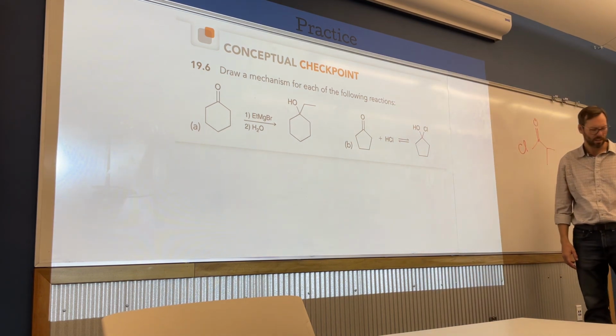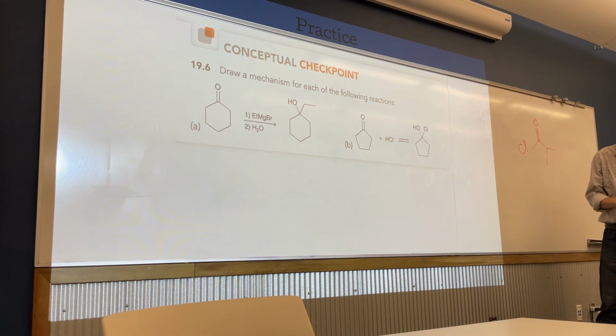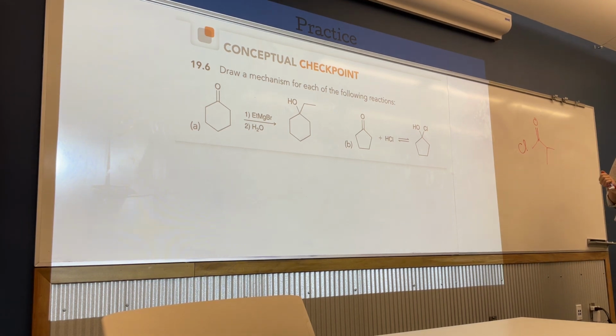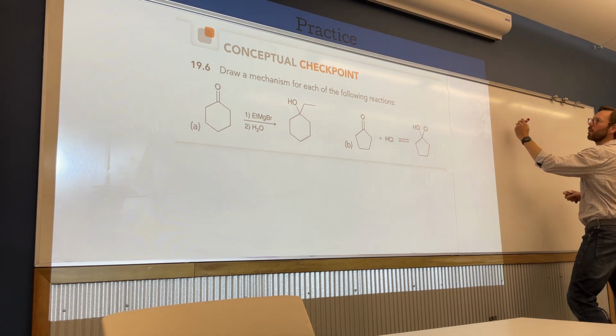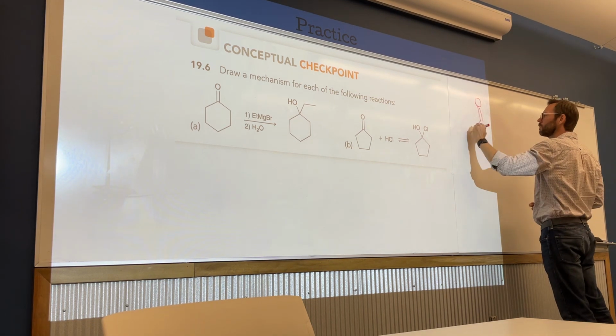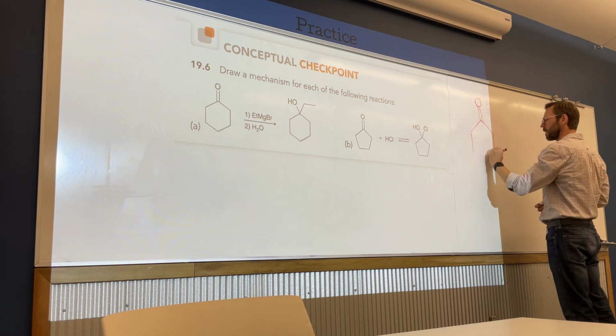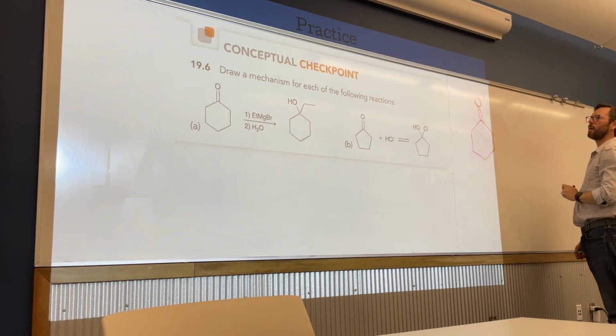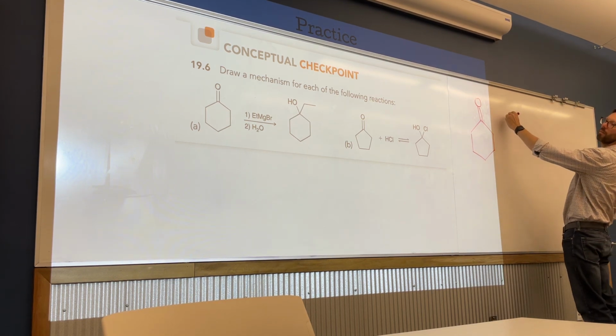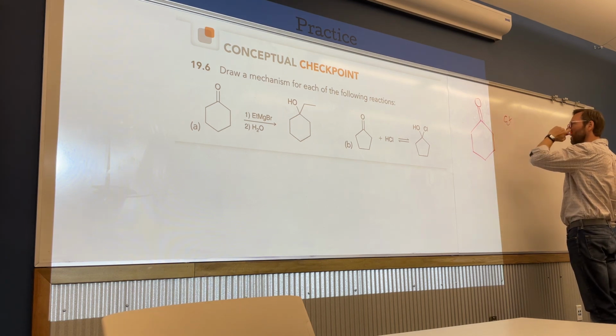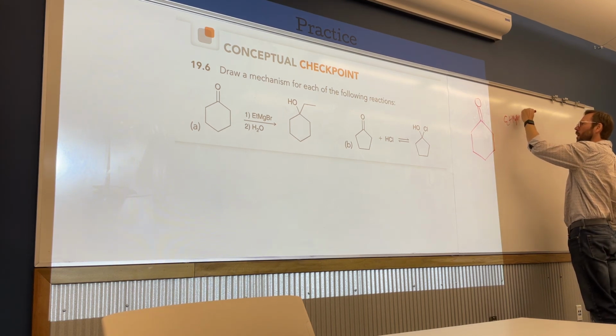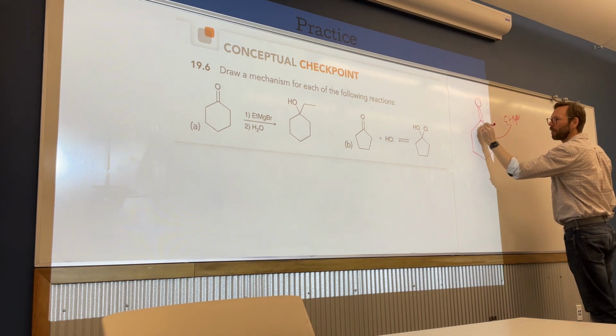And let's see, where's my marker? How would this look? We have the Grignard reagent come in. So we have our ketone. What is that? That's a cyclohexanone. And we have an ethyl. That's going to pop in down here, right?